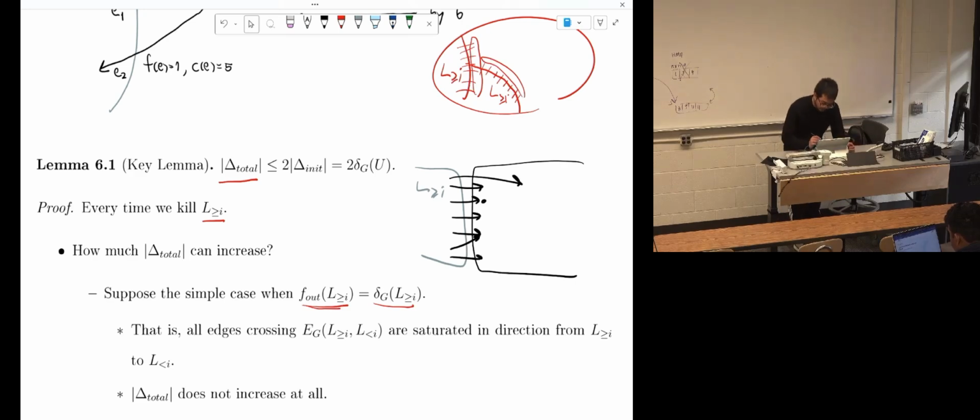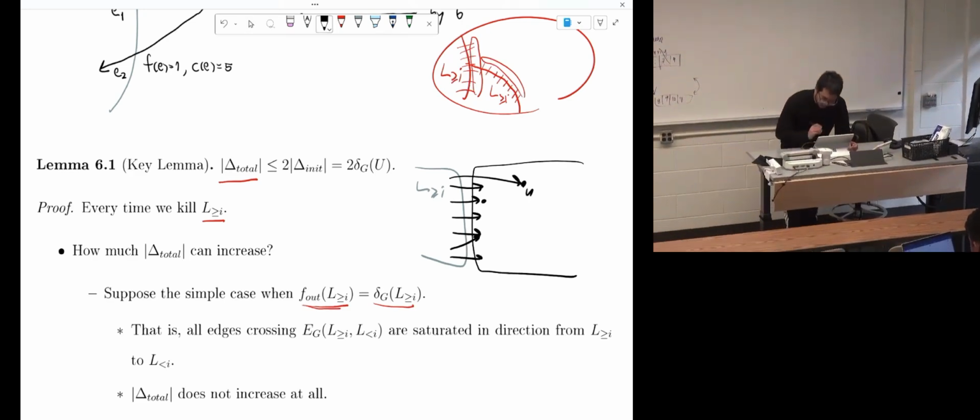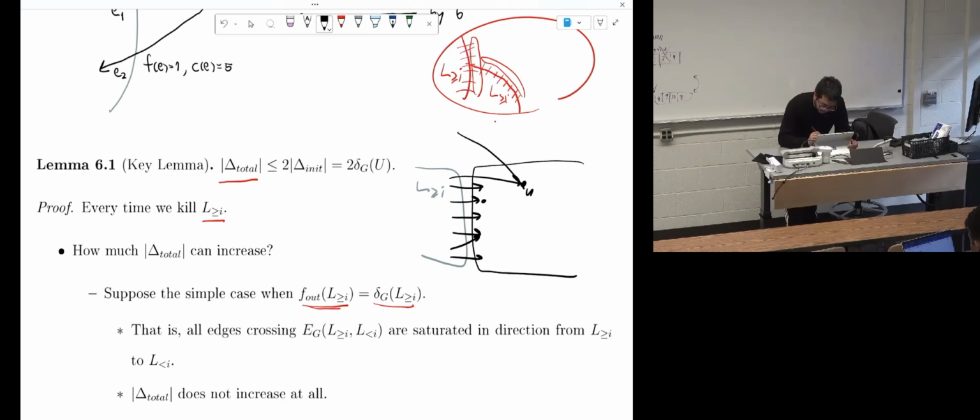So it's like this node here, right? Maybe this is just the part that we kill, but there is also boundary outside this thing too. This is a live part. And the total source at U could be, if this is 5, this is 5, the total source at U used to be 10.